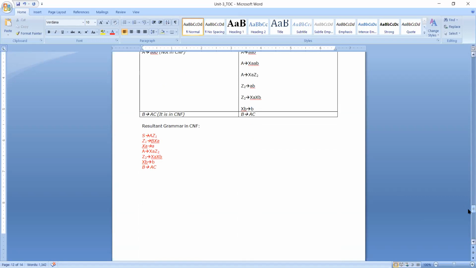In tomorrow's class, we are going to enter the actual process, where we will work with a grammar having unit productions, epsilon productions, and useless symbols. Whenever you have such symbols in your grammar, how to convert it into the corresponding CNF form is what we will cover tomorrow.